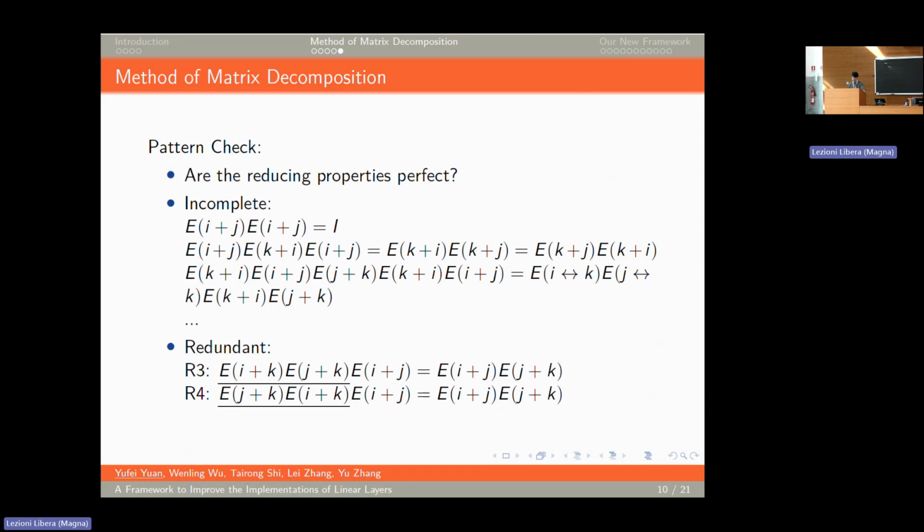So as the slide shows, we have many other reducing properties that are not included in the original paper. For example, the right-hand sides in R3 and R4 are equal, but the left-hand sides can be swapped. So these two properties are equivalent.